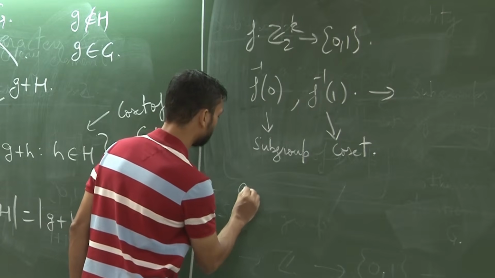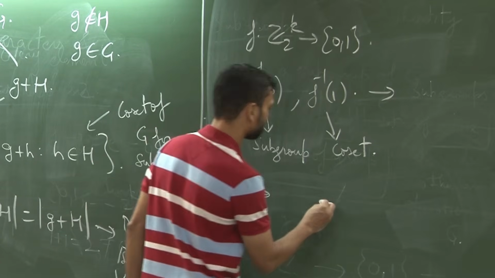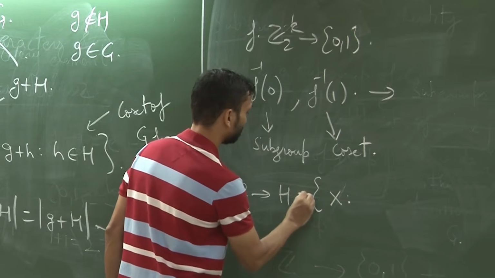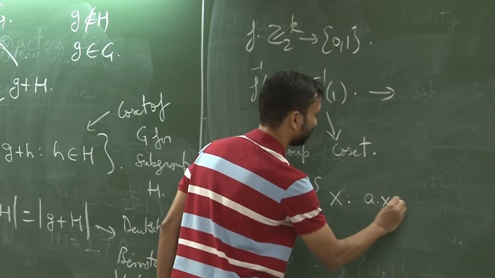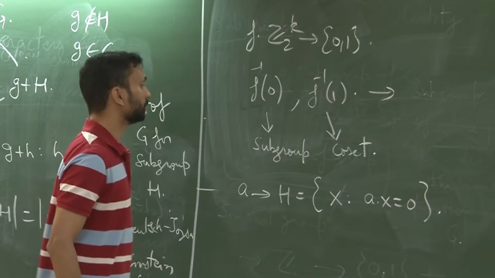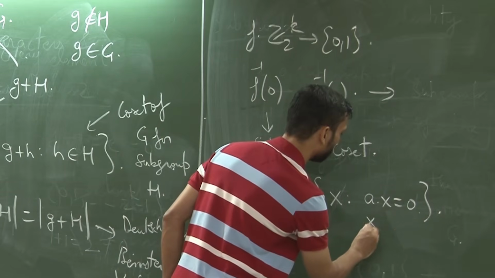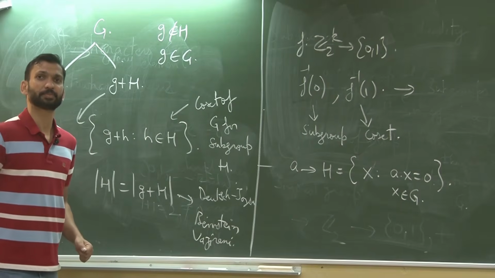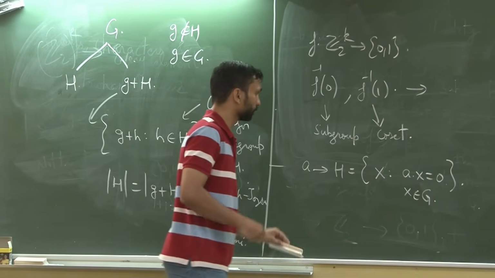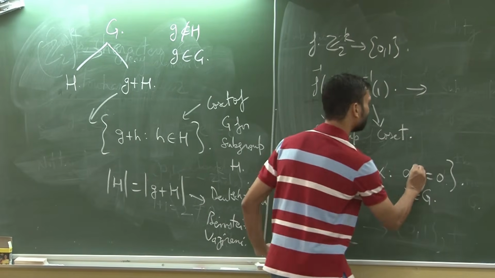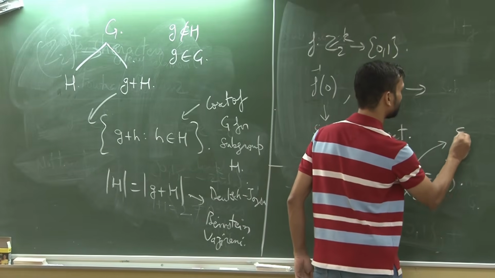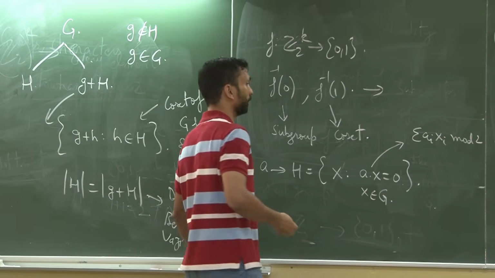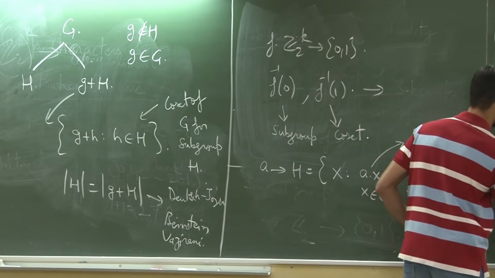So now we can give a kind of characterization of these biggest subgroups. It is decided by some a such that a dot x is equal to 0, where x is an element of G. Remember, this is mod 2. We have seen this as an exercise in our course.